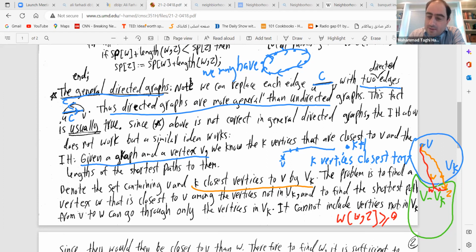So what's the meaning of that? It means that there is another vertex W that is closer to essentially V, because this is greater than or equal to 0.